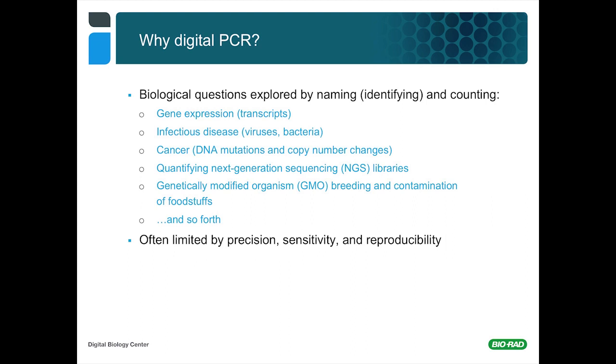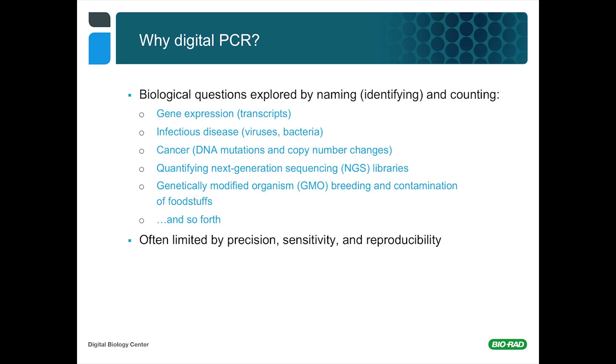On the molecular level, this is found often in, say, gene expression studies where we want to enumerate changes in transcripts under different conditions. For infectious disease, we may often be interested to understand what sort of pathogen is involved and what levels that pathogen are present, viruses, bacteria, and so forth, different stages of disease.